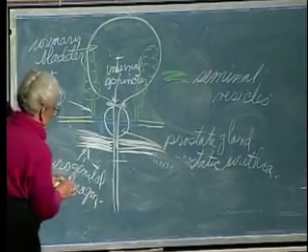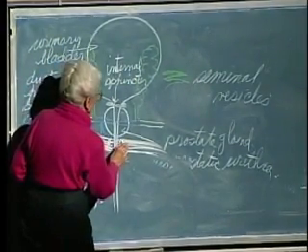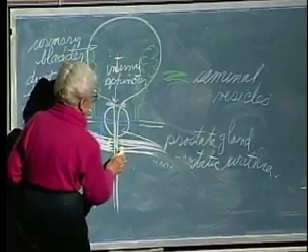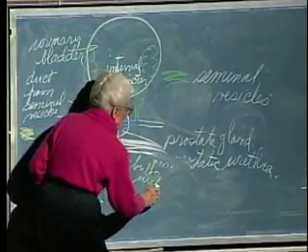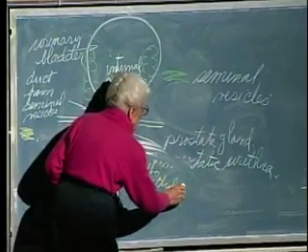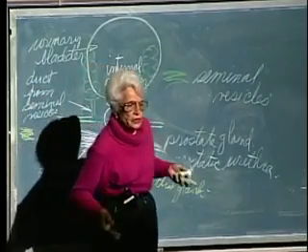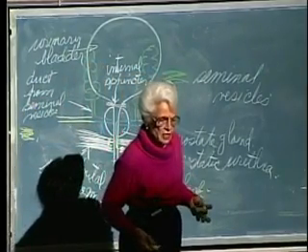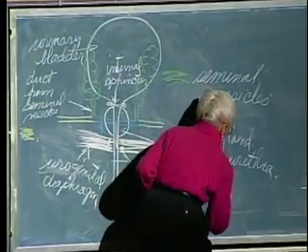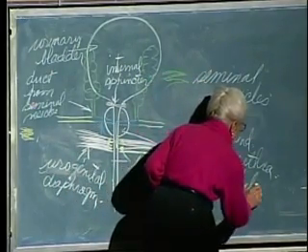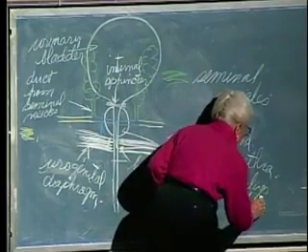And they will have these little pea-shaped bulbourethral glands. Their secretion will neutralize the acid in the urethra.